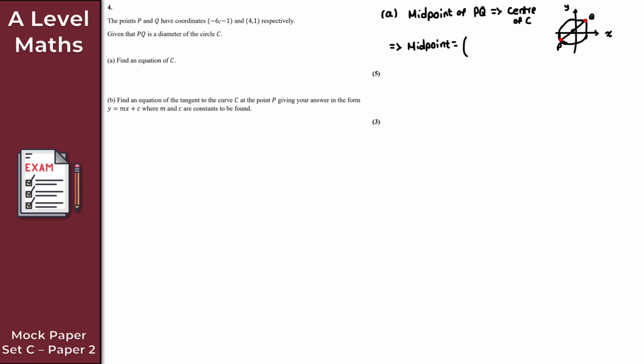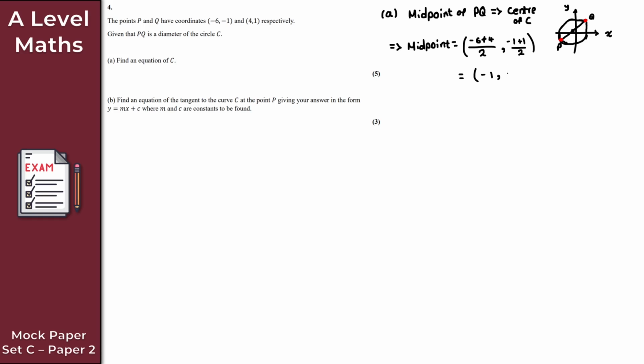So what I get here then is -6 plus 4. So -6 plus 4, because we're averaging here the x coordinate, sorry. What we do then is simply divide by 2. And we just do the same here, right, with the y coordinate. So -1 plus 1 over 2. Okay. What we obtain here then is, so I get -2 over 2, that's -1.